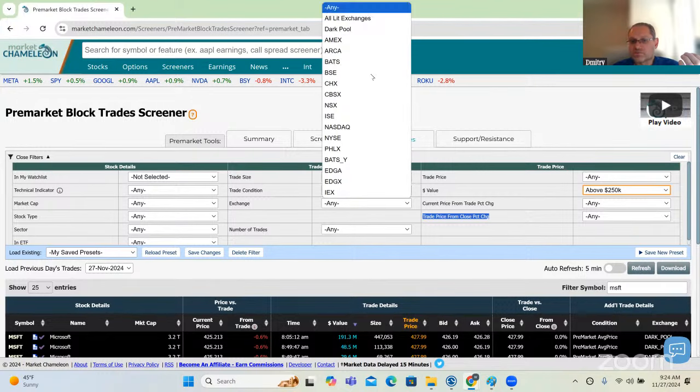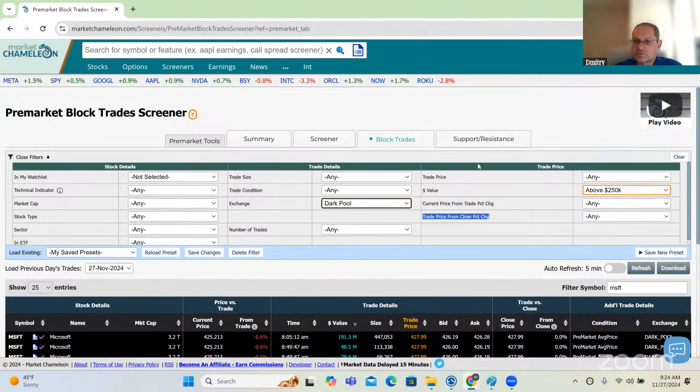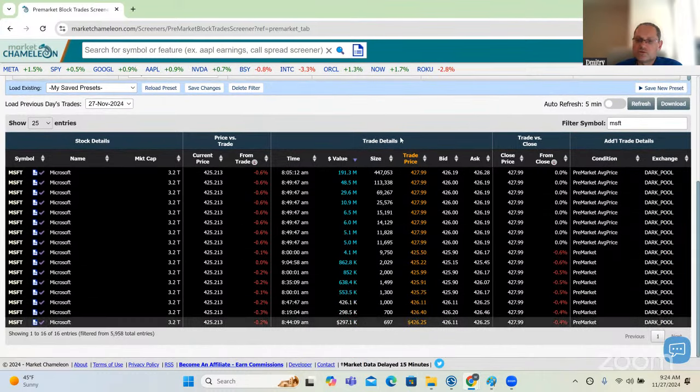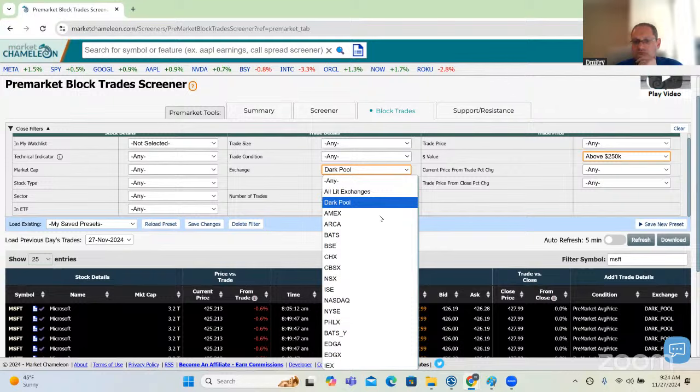We could also look by exchange. If you wanted to isolate a specific exchange, we could do just dark pool. So these will only show us dark pool trades in Microsoft. We could also look at if there's anything happening on the New York Stock Exchange, or let me see, ARCA. Let's do ARCA.